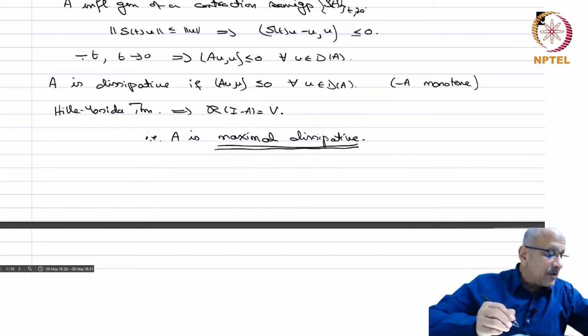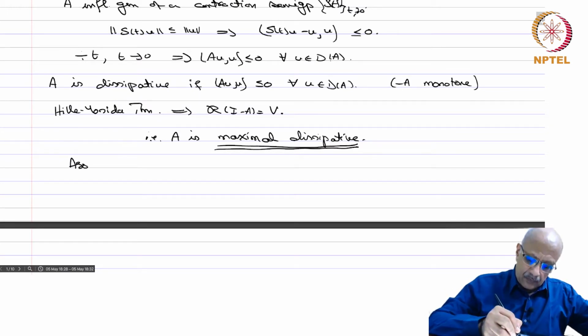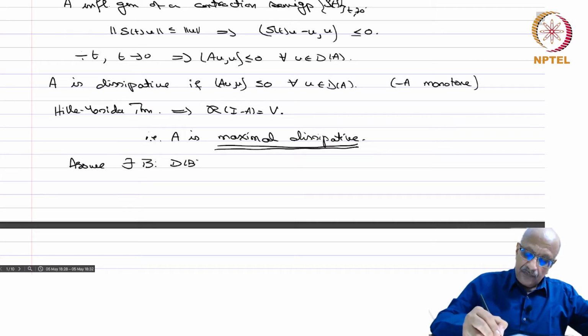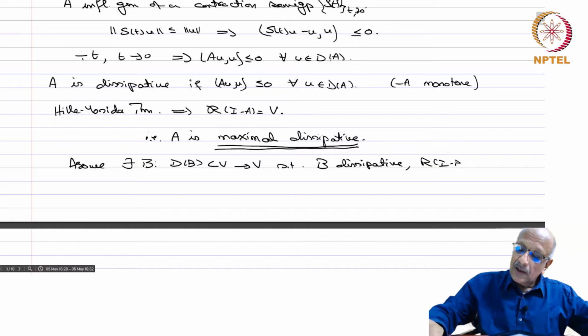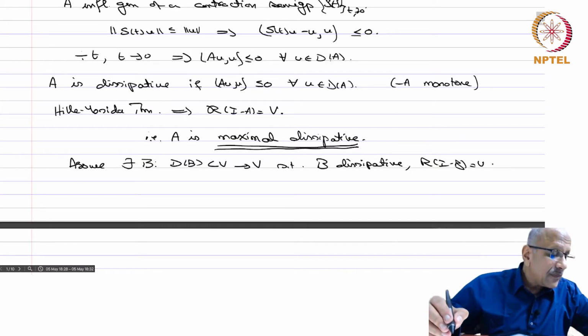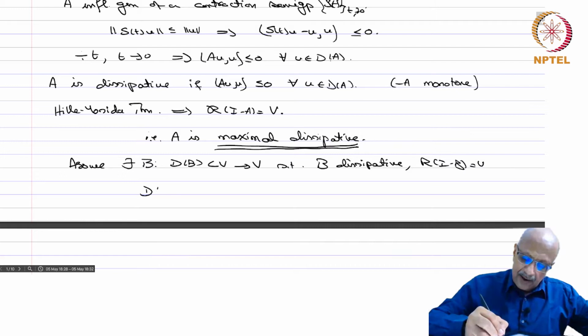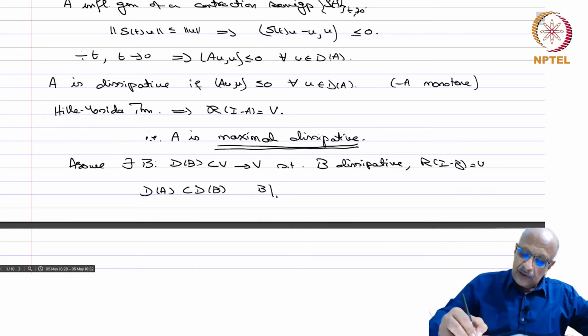Why is it called maximal? Because assume that there exists B from D(B) contained in V to V such that B is dissipative, the range of I minus B equals V, and D(A) is contained in D(B) and B restricted to D(A) equals A. Okay.